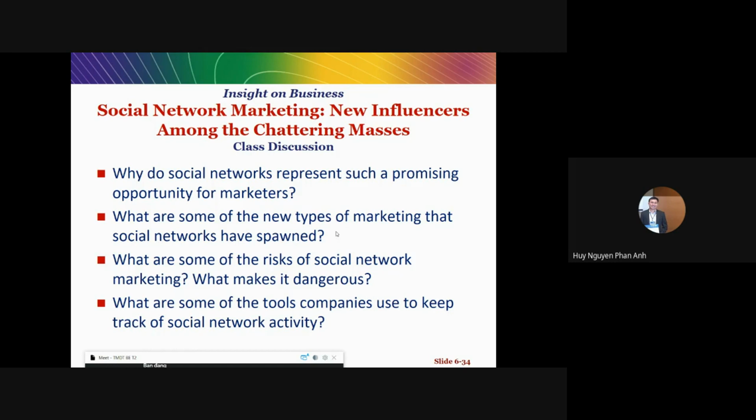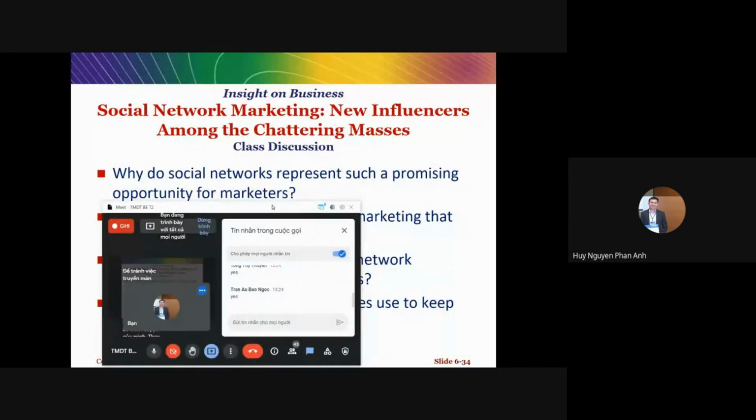Okay, what makes it dangerous? And what are some of the tools companies use to keep track of social network activity? Okay, so you can answer those questions. Is there any question?